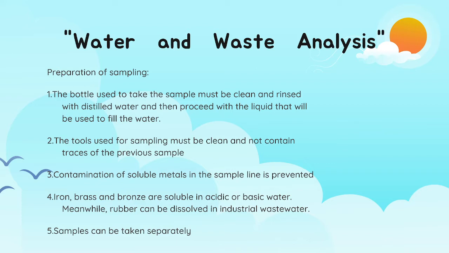Third, contamination of soluble metal in the sample line is prevented. Fourth, iron, brass, and bronze are soluble in acid or basic water. Meanwhile, rubber can be dissolved in industrial water. 5. Sample can be taken separately.